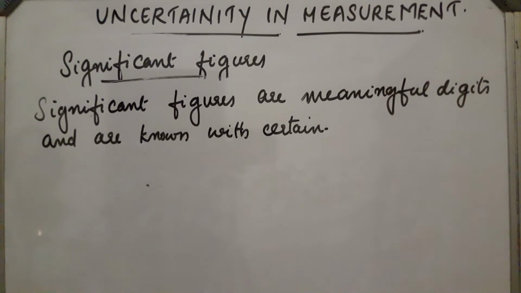We know there is uncertainty in experimental values and calculated values. This can be indicated by mentioning the number of significant figures.